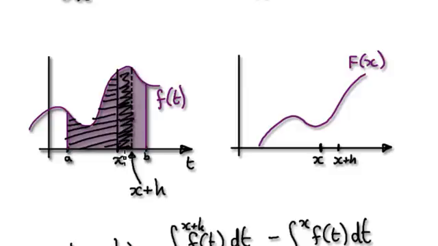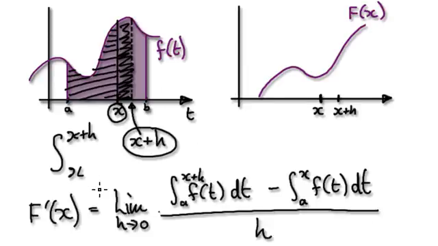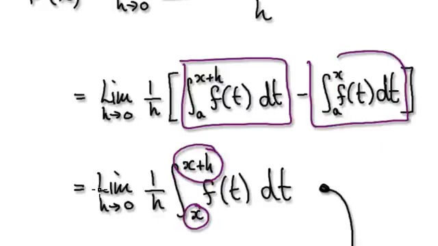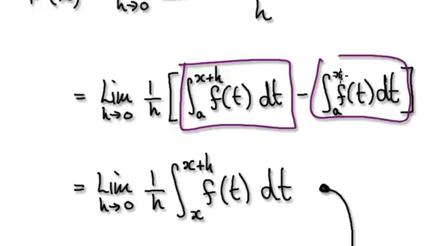This area is really the integral from x to x plus h. That thin strip is from x to x plus h.